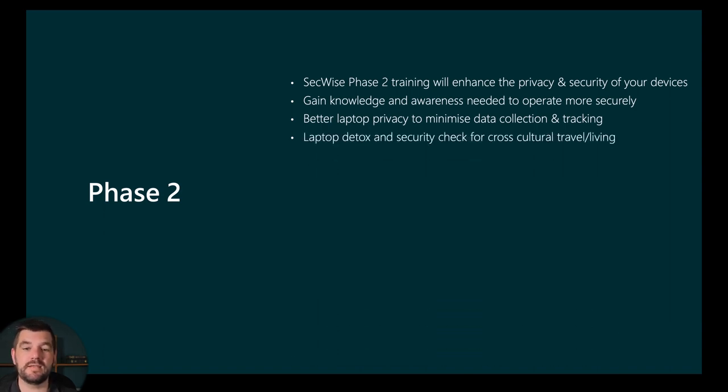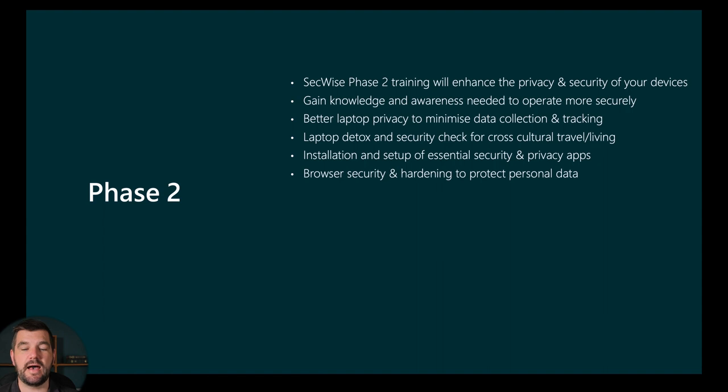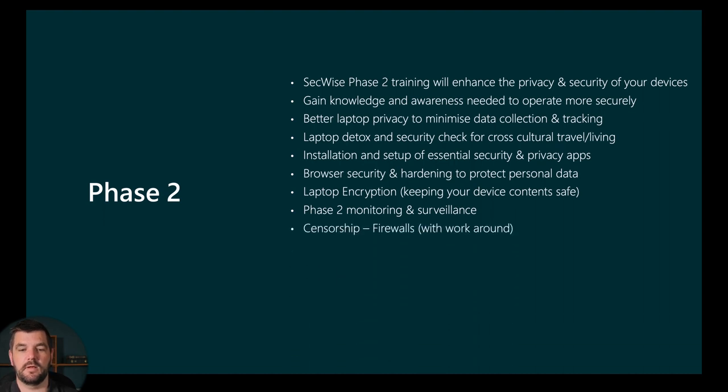We're going to do a laptop detox and security check for cross-cultural travel and cross-cultural living, installation and setup of essential security and privacy apps on our devices, browser security and hardening to protect our personal data, laptop encryption, keeping your device contents safe, Phase 2 monitoring and surveillance, censorship.